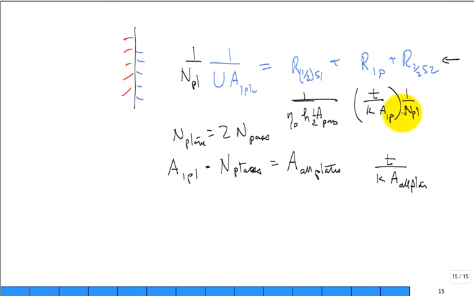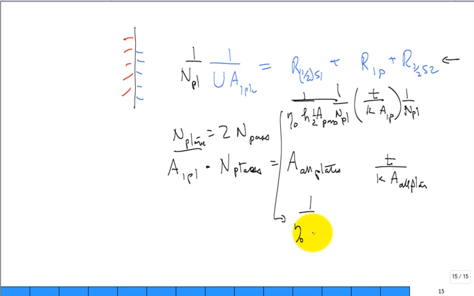But when I multiply by 1 over the number of plates, the number of plates is 2 times the number of passages. I'm not doing a very good job here.